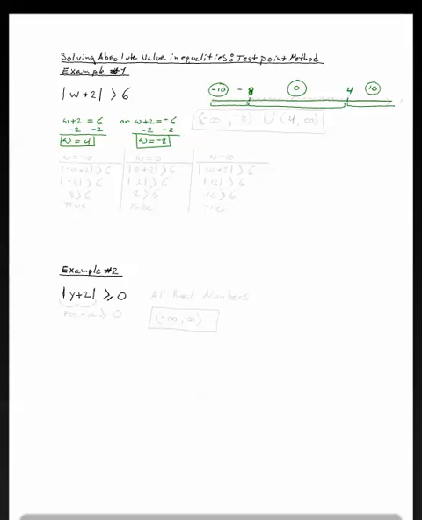So let's test w equals negative 10. That would give us the absolute value of negative 10 plus 2 is greater than 6. So that gives us the absolute value of negative 8 is greater than 6.